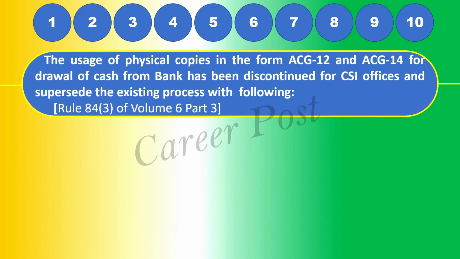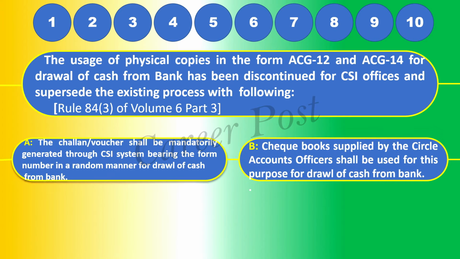Next question. The usage of physical copies of ACG 12 and 14 for drawal of cash from bank has been discontinued for CSI offices and supersede the existing process, Rule 84.3 of Volume 6 Part 3. A. The challan voucher should be mandatorily generated through CSI system bearing form number in the random manner for drawal of cash from bank.